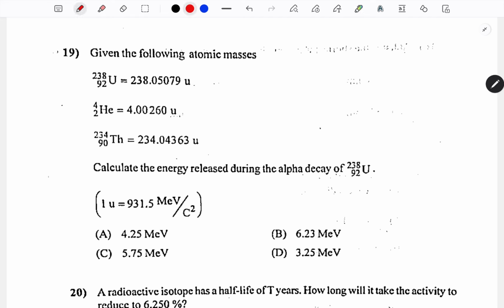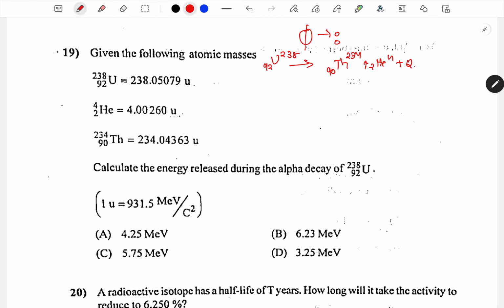So for that, we know that uranium 92, 238 goes under the process, and this is a nuclear fission reaction where a bigger nucleus breaks into two smaller nuclei: thorium 90, 234 plus 2He4, plus some amount of energy released.